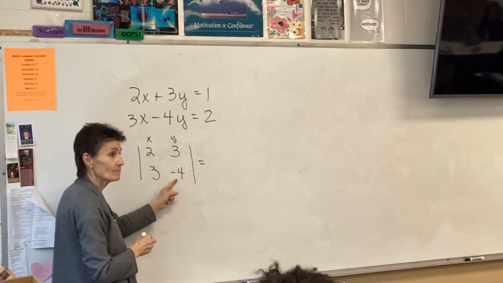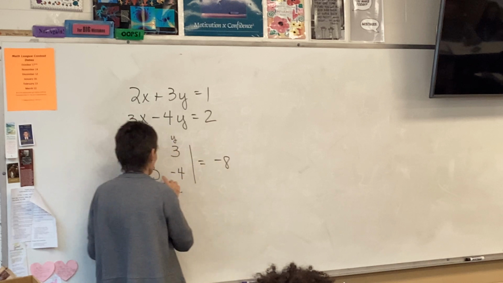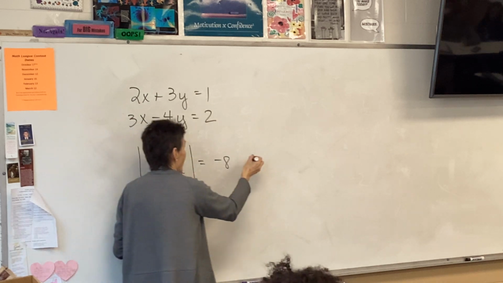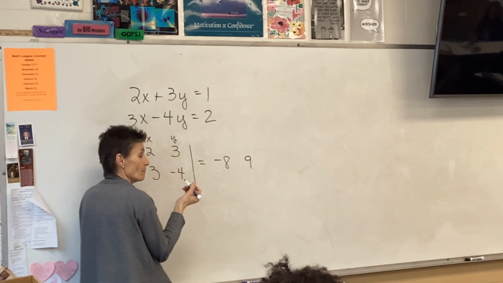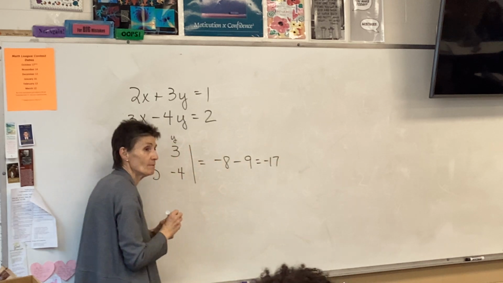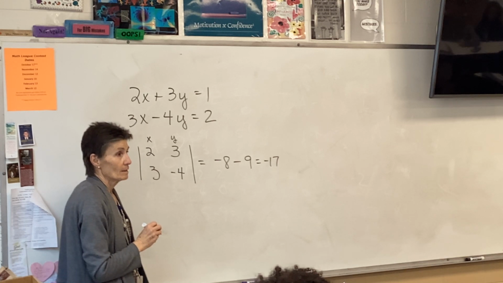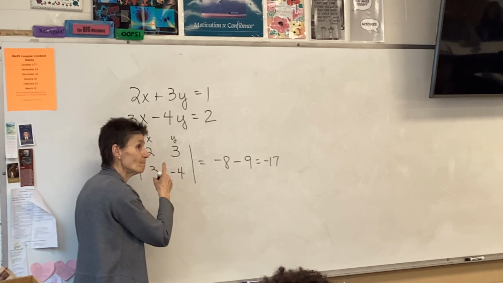Well, what do I get here? -8. What do I get here? 9. What do I do with those two numbers? Subtract. So the determinant is -17. Now, I'm solving a system.